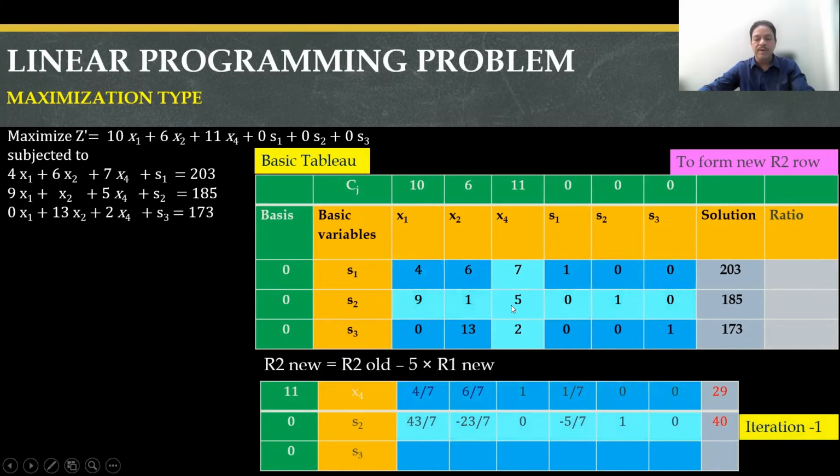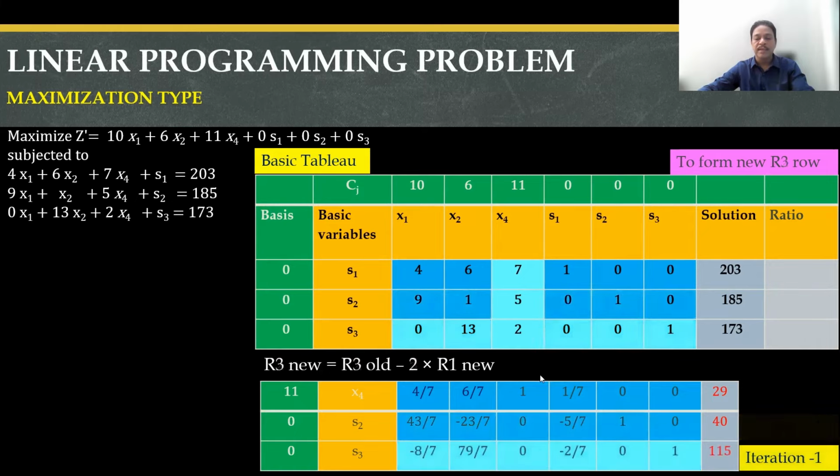Then to make this 5 as 0, we perform the row operation R2 new equal to R2 old minus 5 into R1 new. And similarly to make this value of 2 equal to 0, we will perform the operation R3 new equal to R3 old minus 2 into R1 new. And these values which we have found now will form the first iteration.